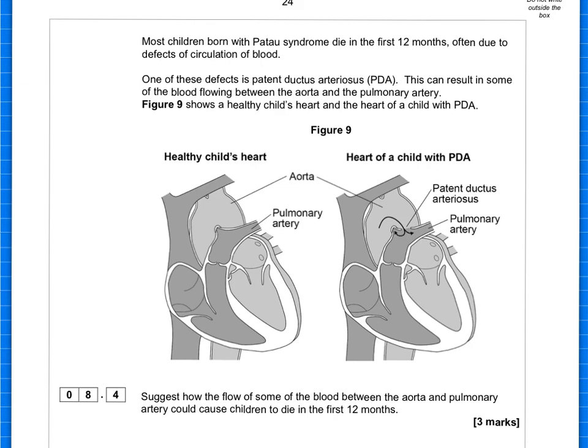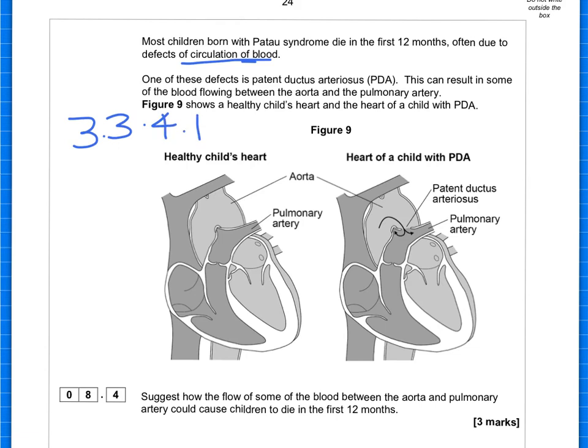Again, it goes on to give some further information about Patau syndrome, and it tells you that unfortunately most children born with this syndrome die in the first 12 months, often due to defects of circulation of the blood. So circulation of blood is related to mass transport in animals. So now we're looking at spec 3.3.4.1.